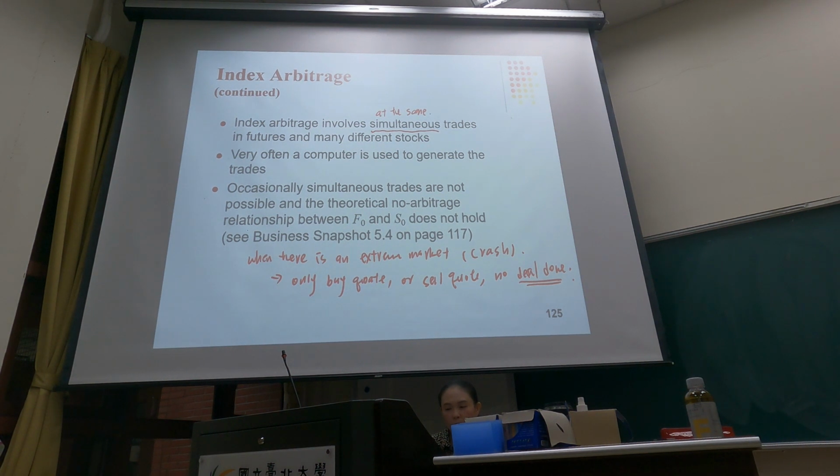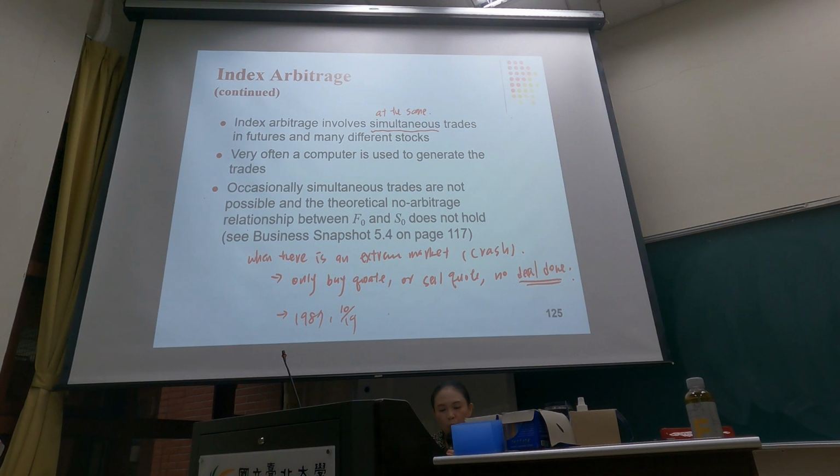This has appeared a few times already, like in COVID-19, in March 2020. There were a few times the market broke down. In that case, it's very difficult to execute the arbitrage opportunity.